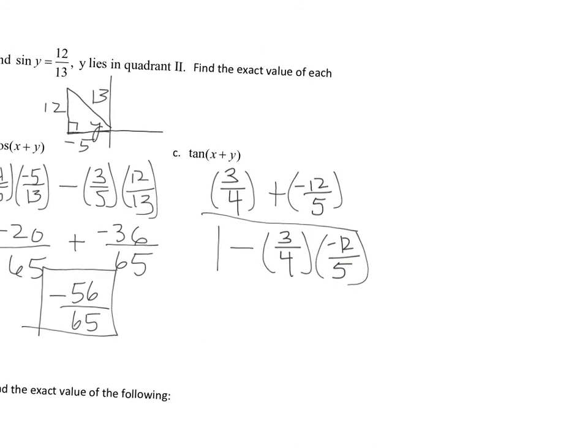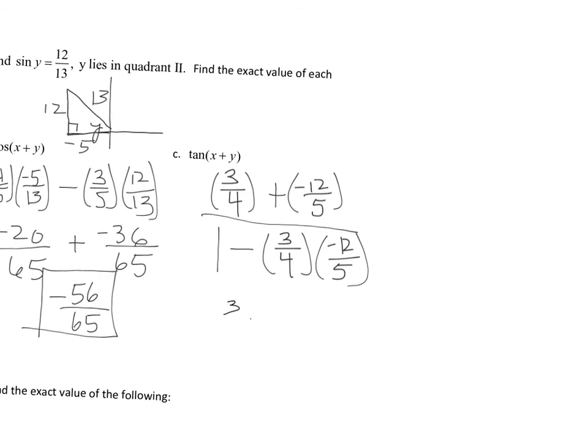And now we can simplify if you want. We could go 3/4 plus negative 12 over 5. I'm just going to simplify that bottom fraction. 1 minus, let's see here. So we have a negative 1 times 3 times negative 12 is positive 36 over 20. And we have the complex fraction set up here where we have to find the LCD of the smaller fractions.